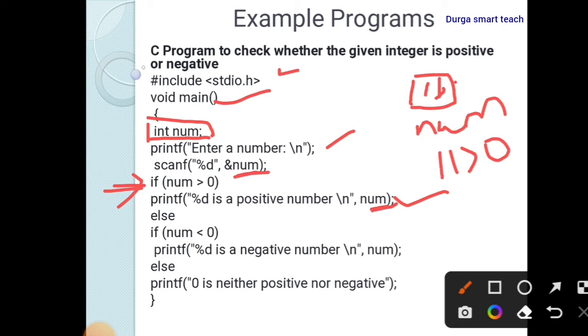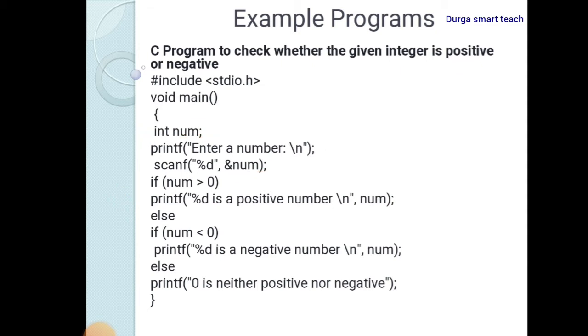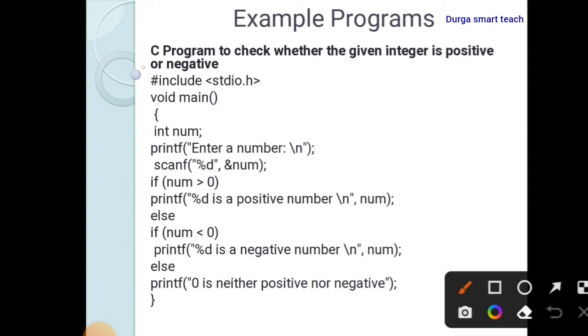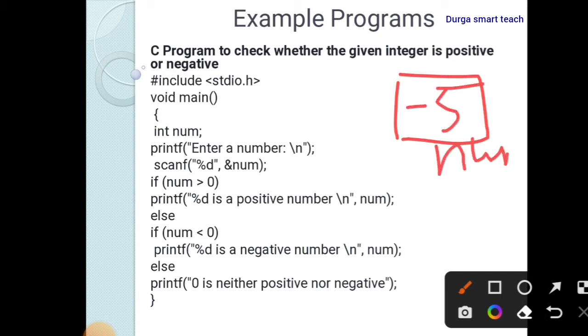Suppose the given number is -5, so num stores -5. So here enter a number, the given number is -5. It checks num greater than 0.